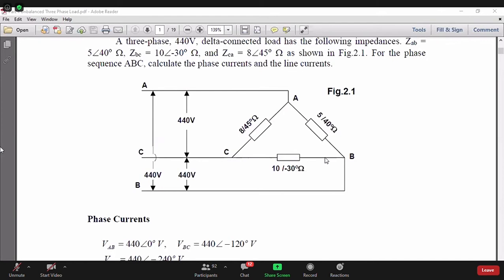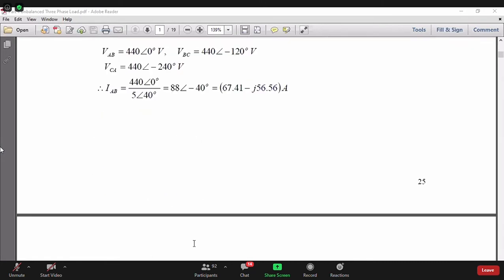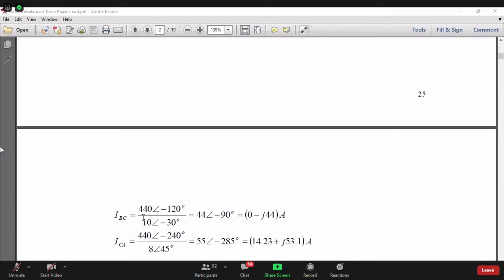Then what is the voltage across this 5 angle 40 degree? You can see between A and B, that is VAB. So IAB is straight away VAB by ZAB, because VAB is also the phase voltage. So phase voltage by phase impedance, straight away you get IAB. Similarly, you have VBC, divided by ZBC, that is IBC.